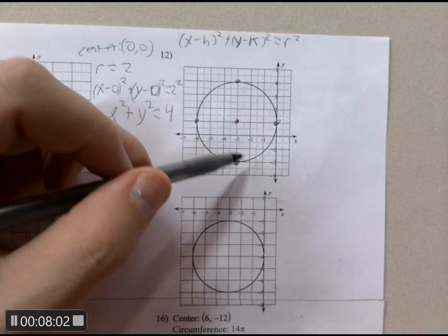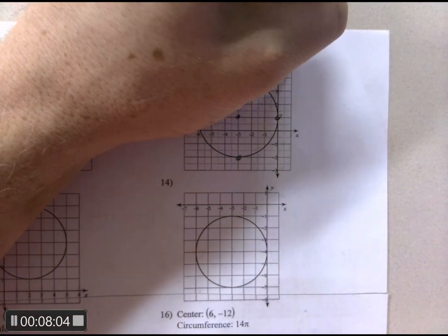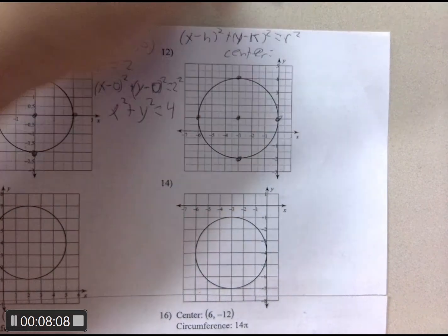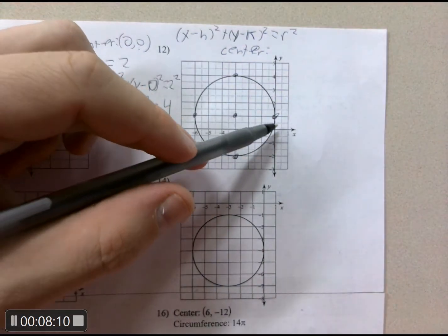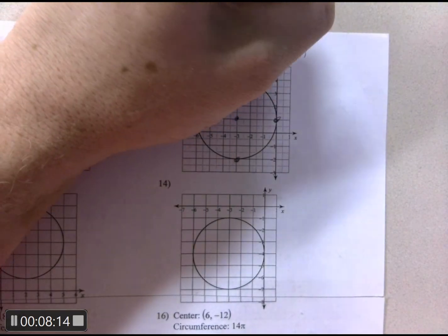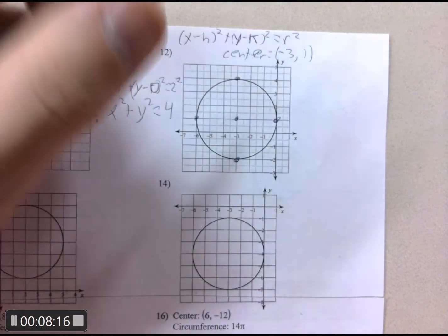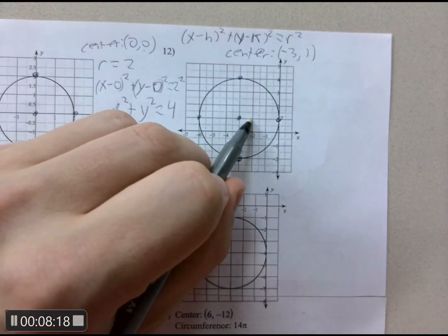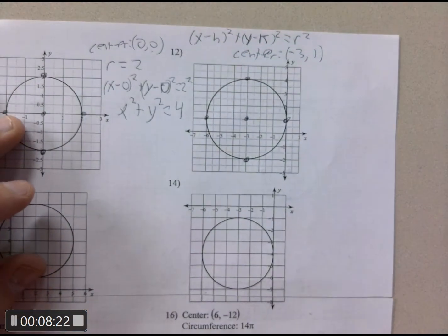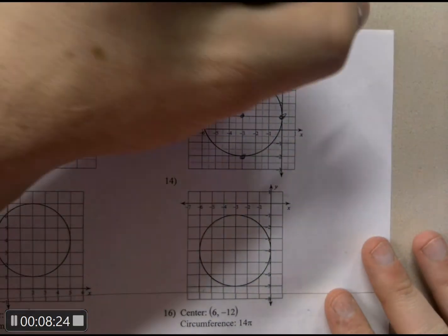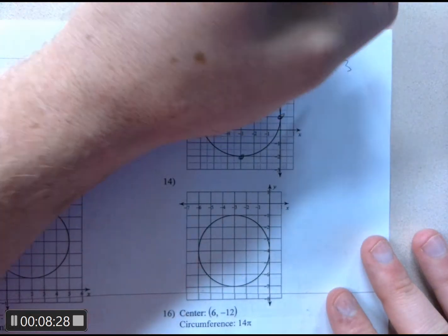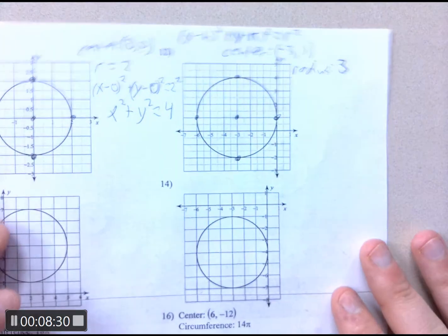I'm going to check, it's the same over here. So my center is going to be -3, 1. Then my radius, I'm going to count from -3: 1, 2, 3. So my radius is going to be 3. All right?